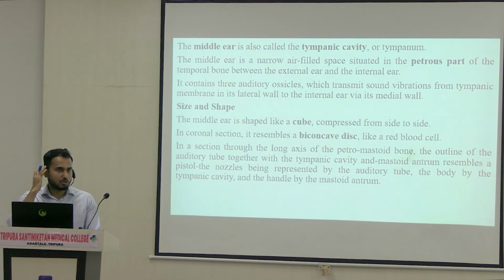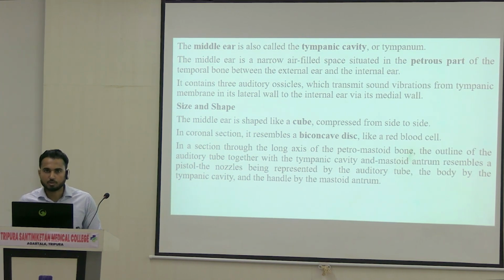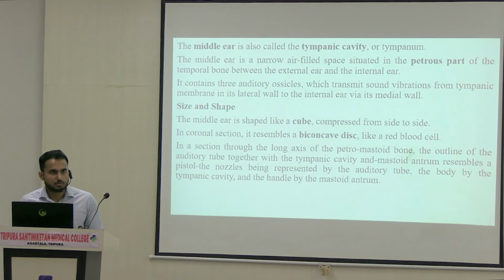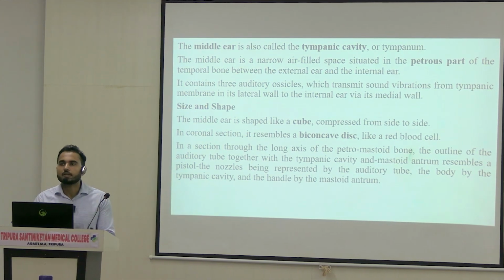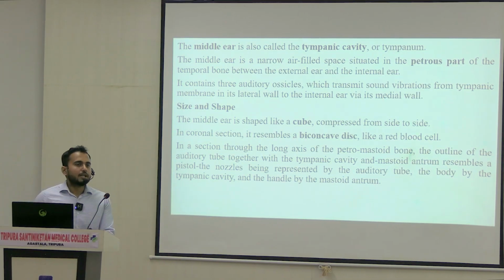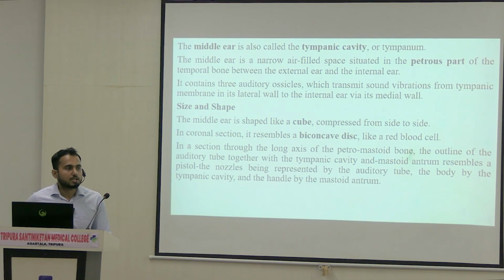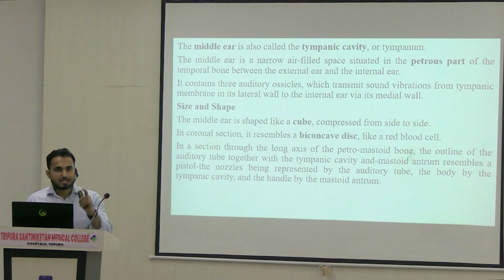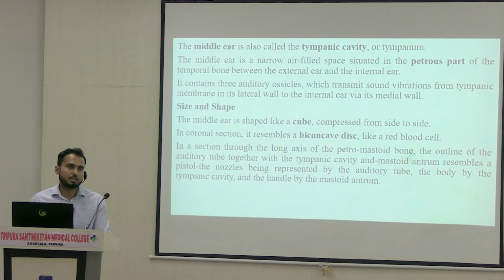You have studied normal lateralis, right? In normal lateralis you have seen the temporal bone. Have you seen the petrous part of the temporal bone? Seen? Okay, then it's fine. Then you will have an idea where exactly the petrous part of the temporal bone is situated. Next, it contains the auditory ossicles. So inside the middle ear cavity or tympanic cavity, the auditory ossicles are present, which are among the smallest bones of our body.